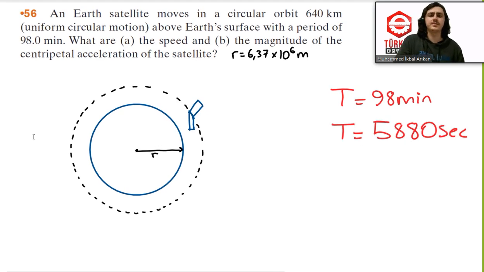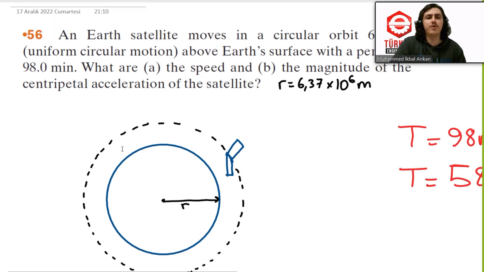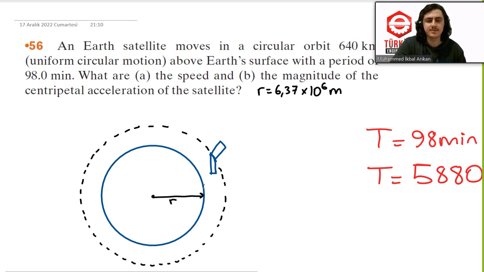What about the radius? The radius of the Earth plus this distance will give me the radius of the circular orbit. The center of this circle will be the center of the Earth. But the distance from the center of the Earth to the satellite is not just the distance between the surface of the Earth and the satellite.